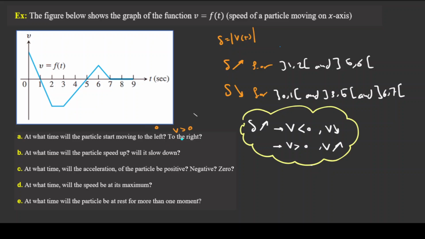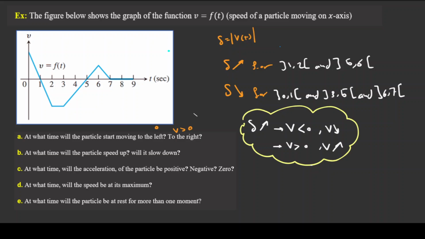Okay guys, what about when the particle slows down? When the particle slows down, graphing the absolute value is going to be much easier than memorizing. You don't memorize, just understand.